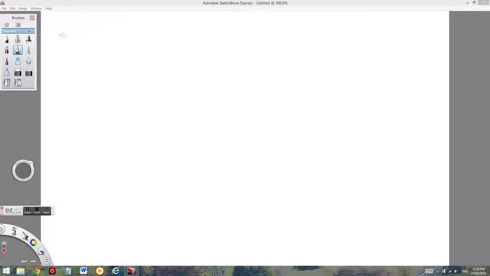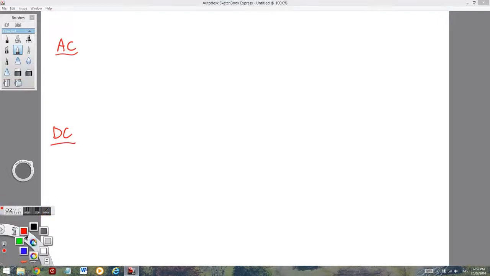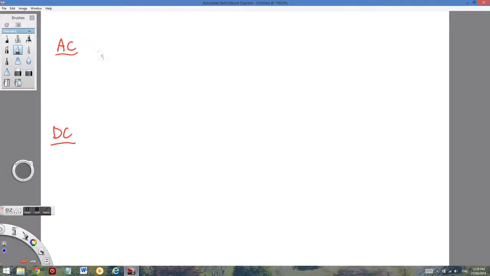Now let me show you how to draw AC and DC on electrical circuit diagrams. The symbol for an AC power source, there are different ways to do it, will be something like this, or something like that.